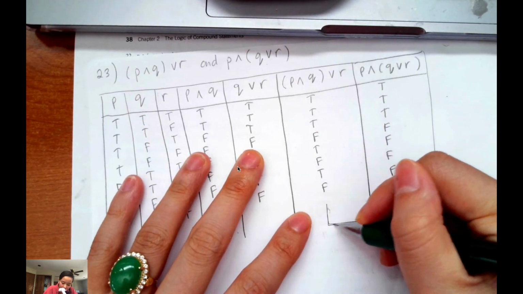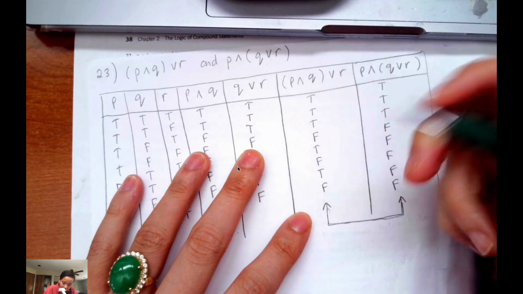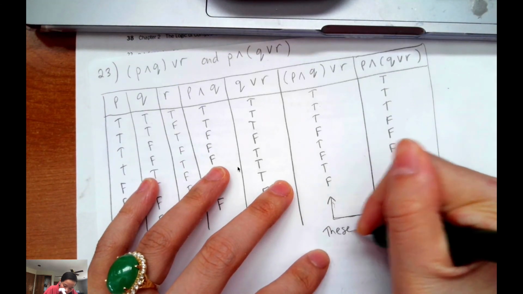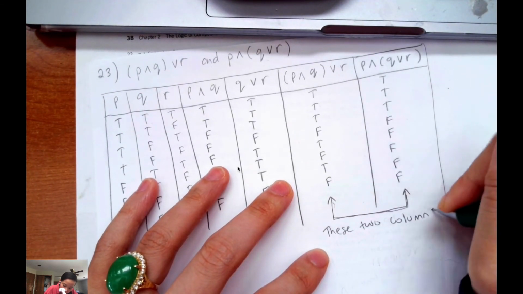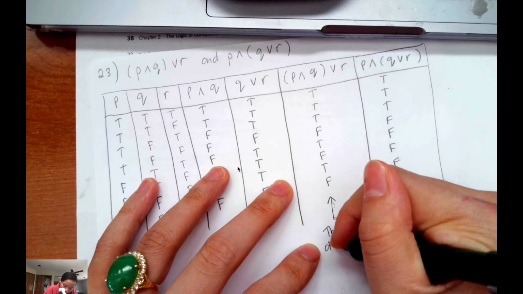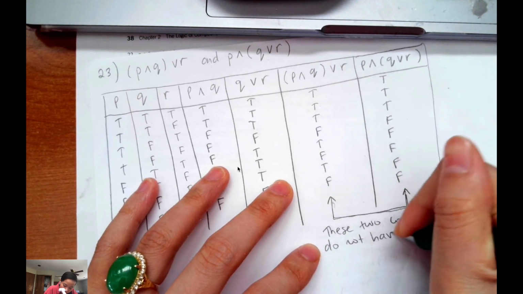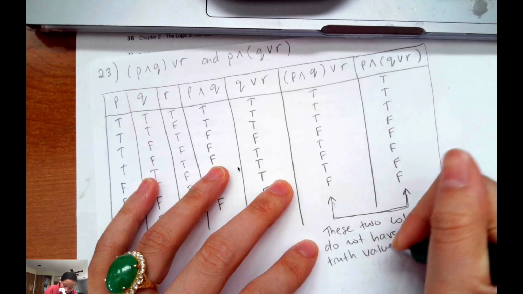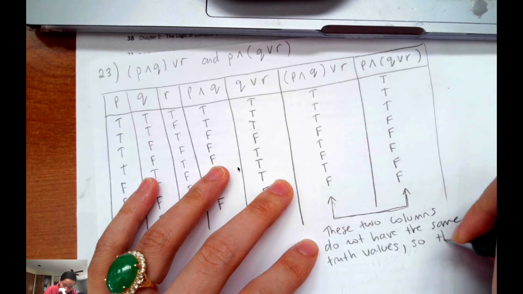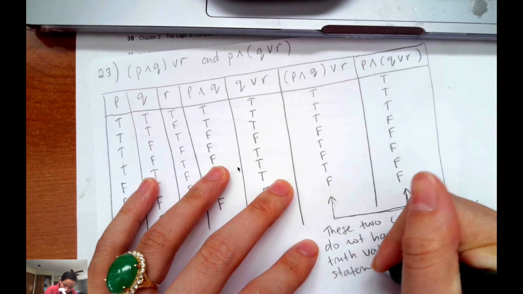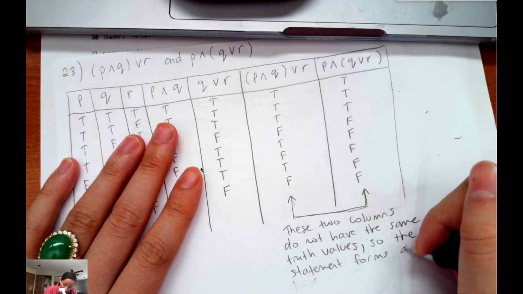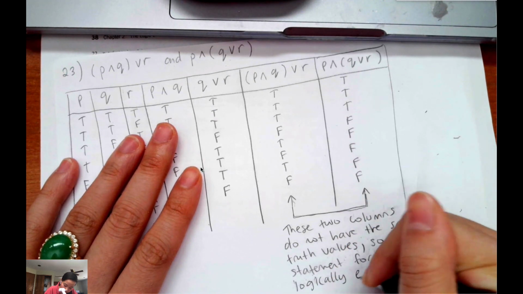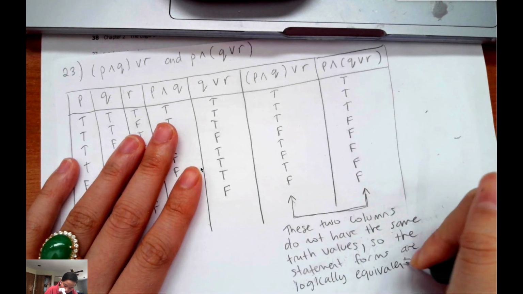So you would just make an arrow right here and just write a small sentence, something along the lines of, these two columns do not have the same truth values, so the statement forms are not logically equivalent. Oopsies.